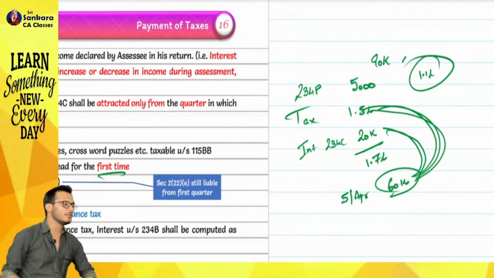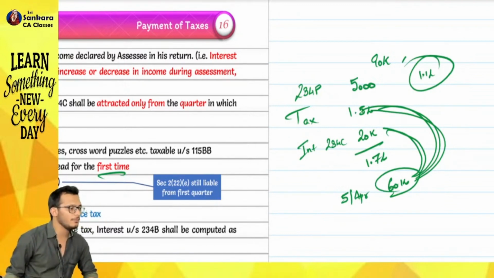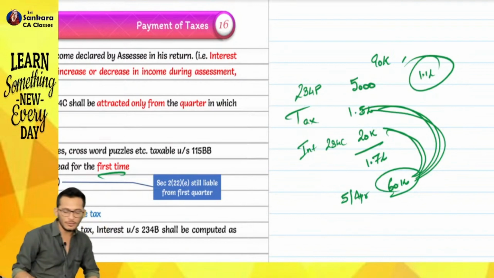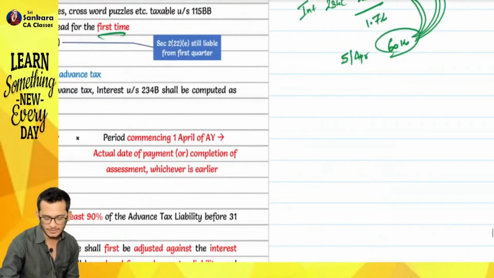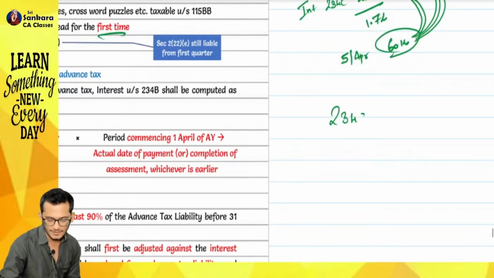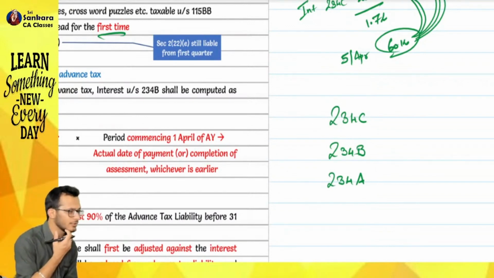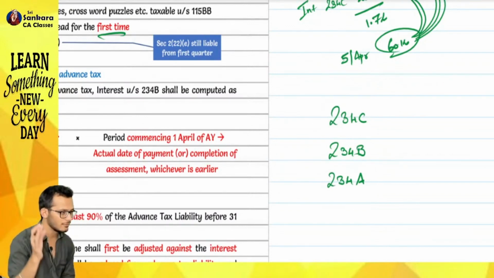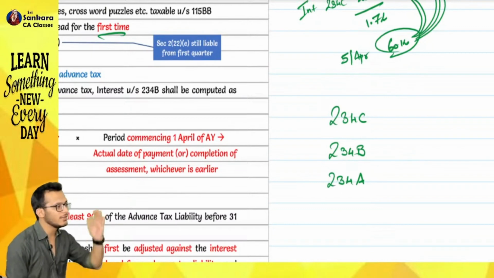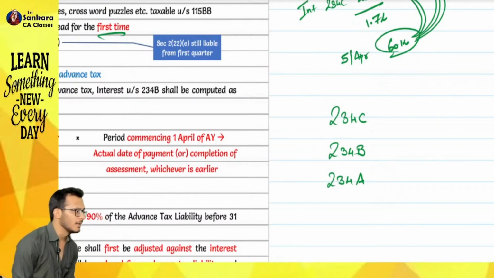So they said, boss, if you don't remit whatever I told you on time, we will levy something called interest on you. We have three kinds of interest: 234C, 234B, 234A. It works in the same order. While it is ABC, we work from CBA.